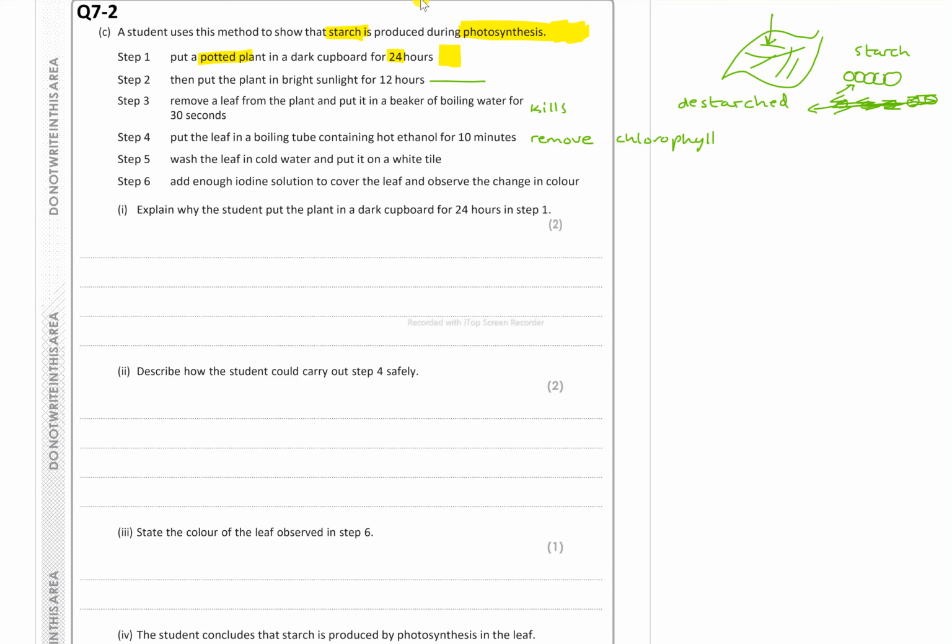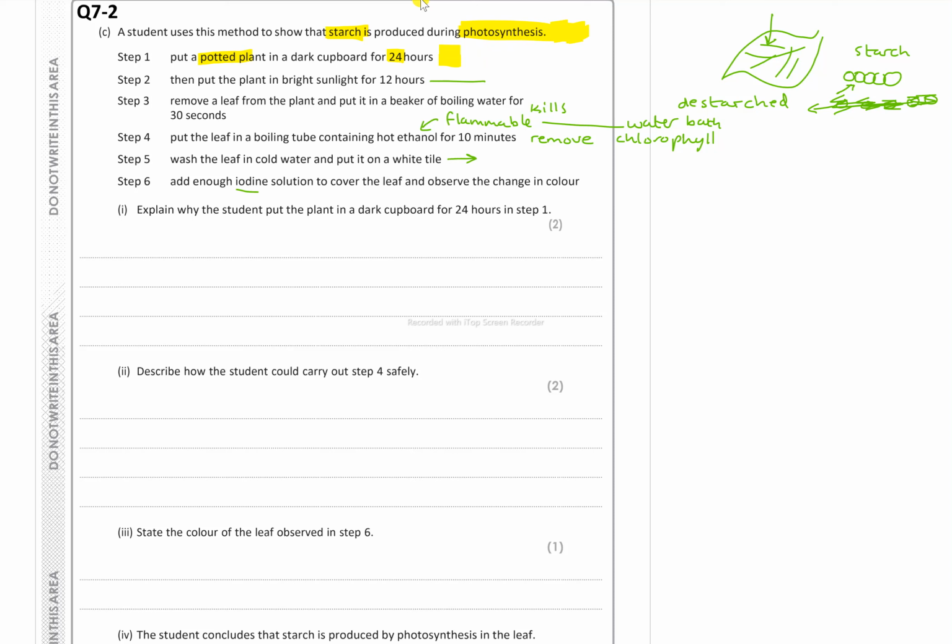You have to be careful: ethanol is flammable, meaning it can catch fire quickly. So you're not going to put it over a Bunsen flame. You're going to heat it in a water bath, like an electric kettle. Wash the leaf in cold water to cool it down.